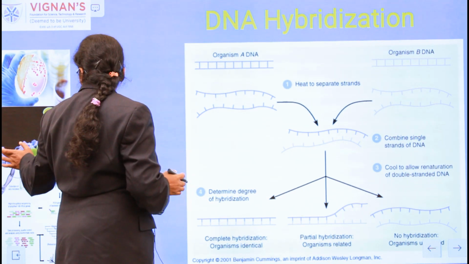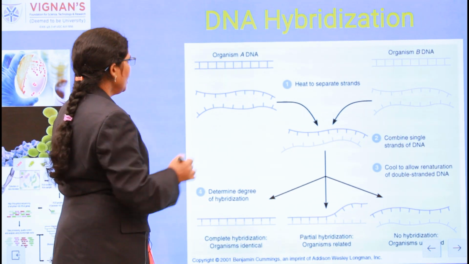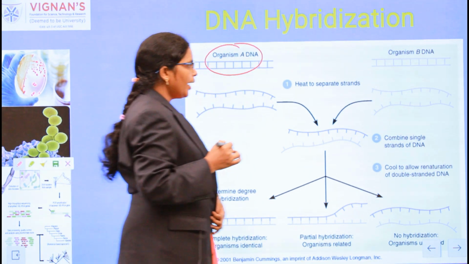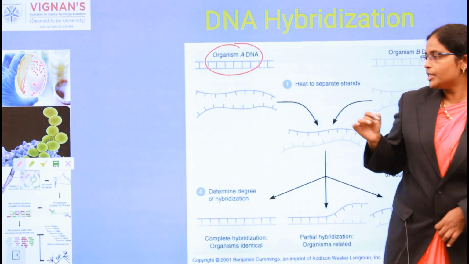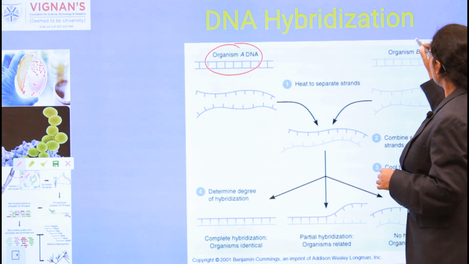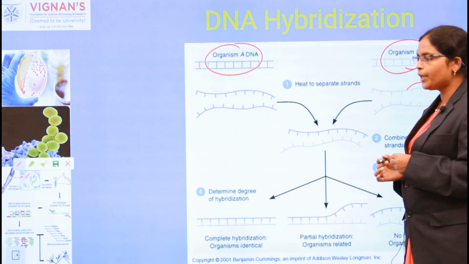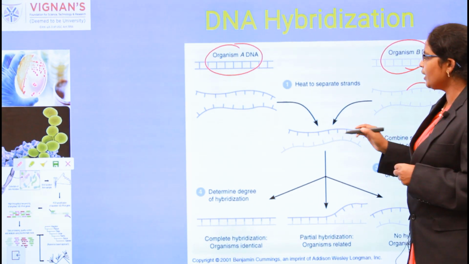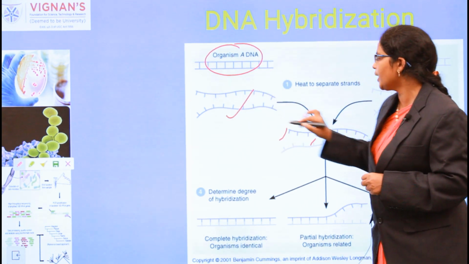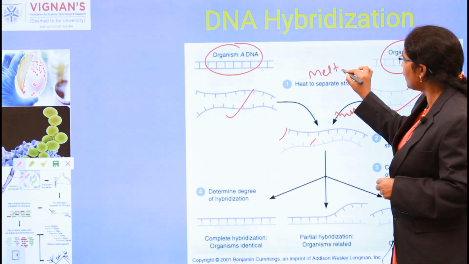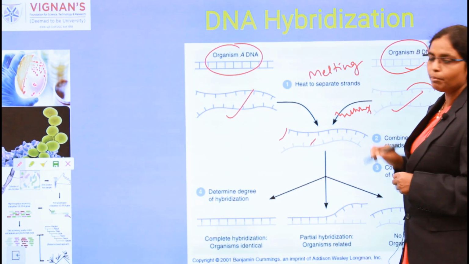Here you can observe organism A's genetic material and organism B's genetic material. We take the genetic material, nothing but DNA, and separately melt it. Heating to separate is nothing but melting the genetic material.